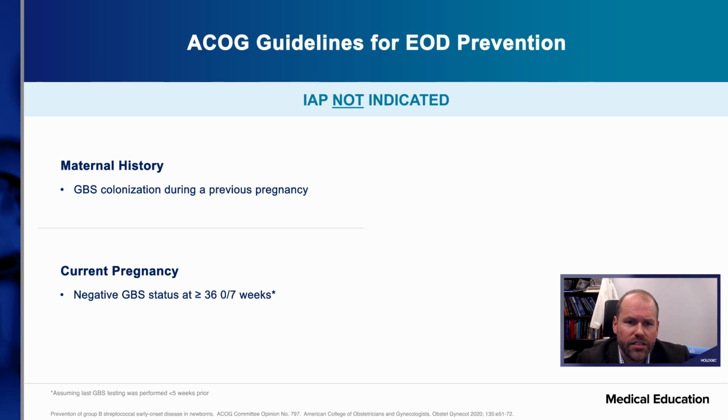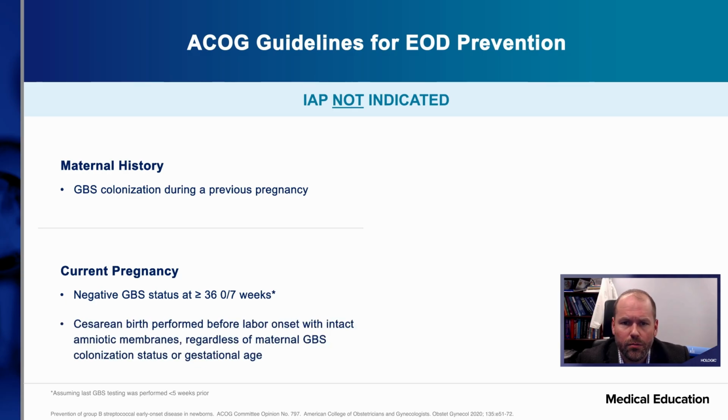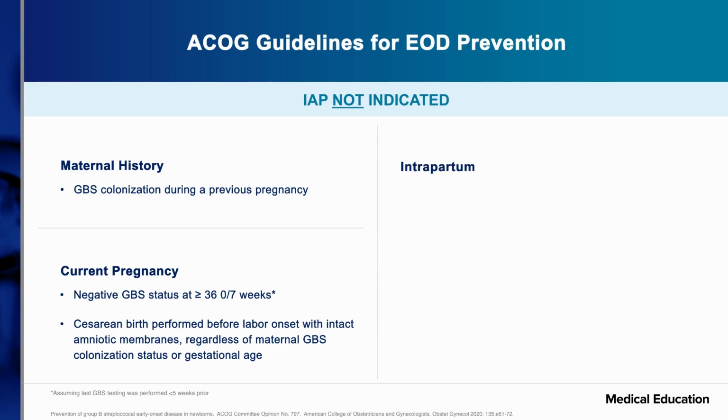Also, if there's a cesarean birth performed before labor onset and the amniotic membranes are intact, regardless of the GBS status or gestational age, IAP is not indicated because the baby is not passing through the birth canal. Now to intrapartum. If you have a negative GBS status at greater than 36 weeks, regardless of the intrapartum risk factors, IAP is not indicated.